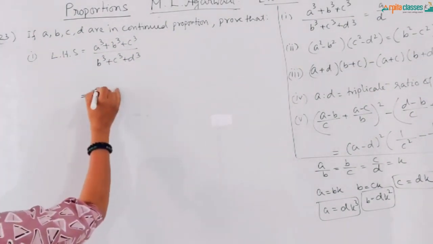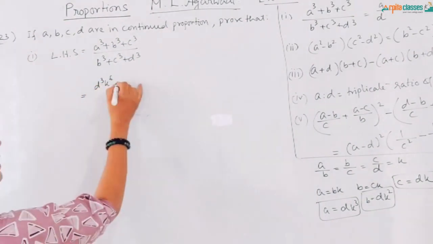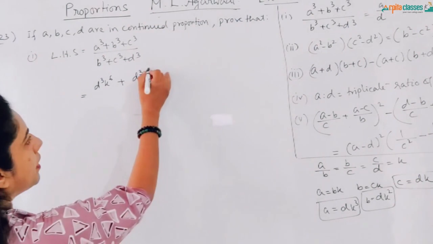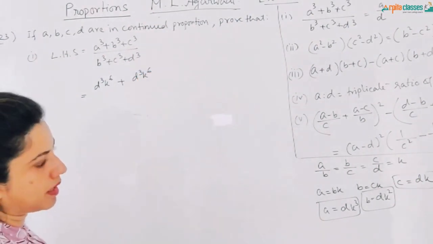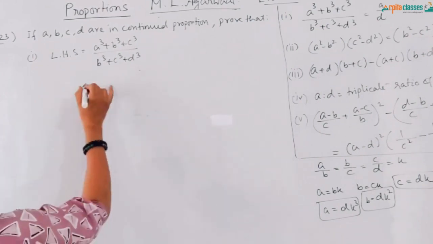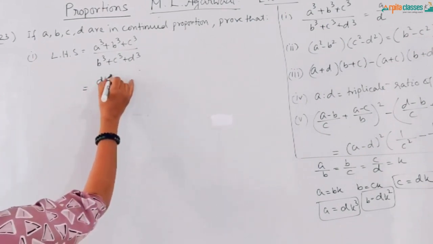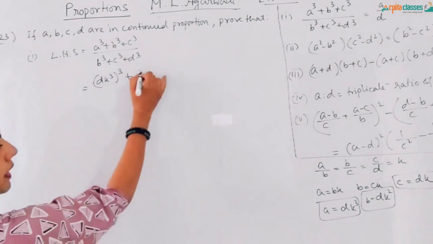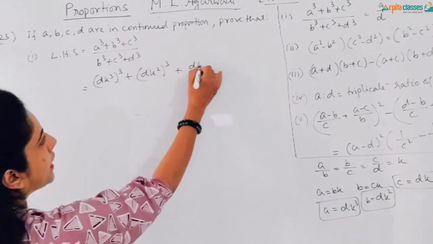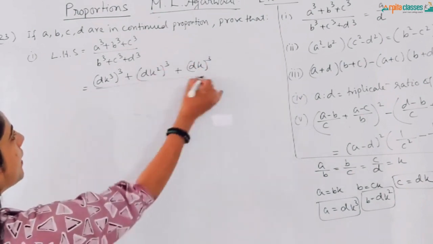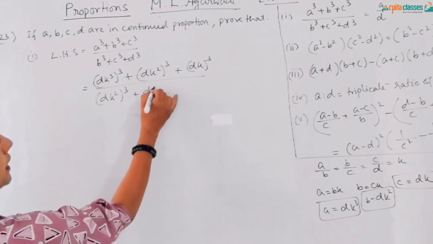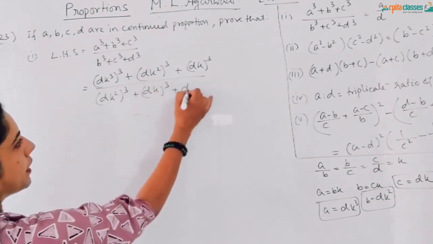Let us write it one more time because it's confusing. (dk cube) whole cube plus b is (dk square) whole cube plus c cube is (dk) whole cube, divided by again b cube, so (dk square) whole cube plus (dk) whole cube plus d cube.